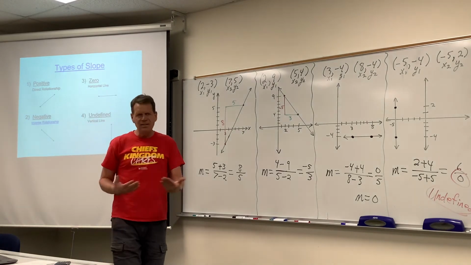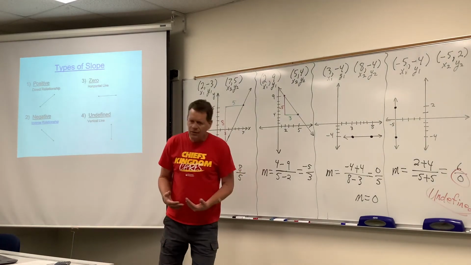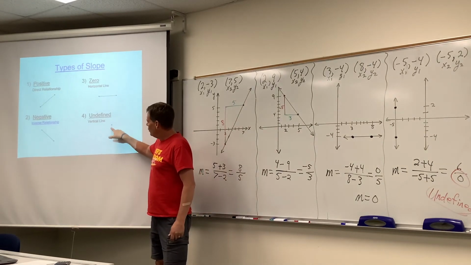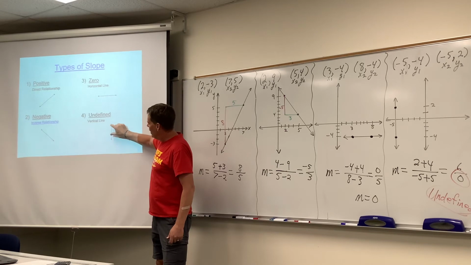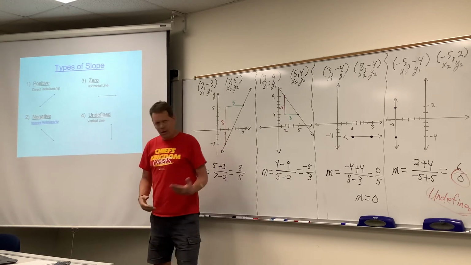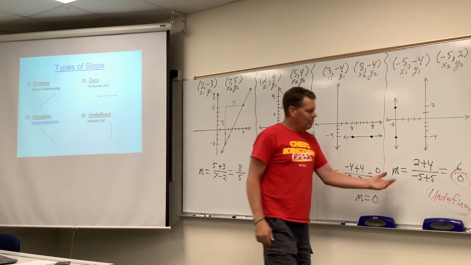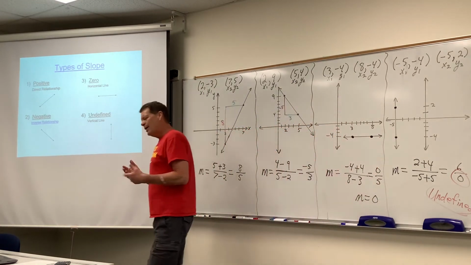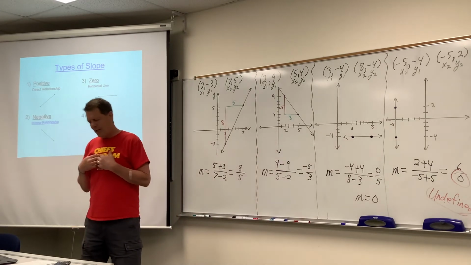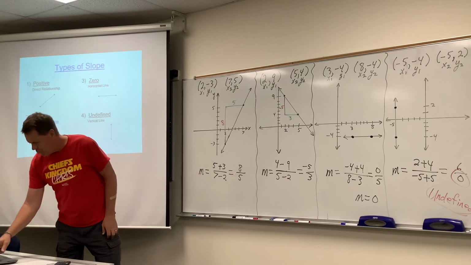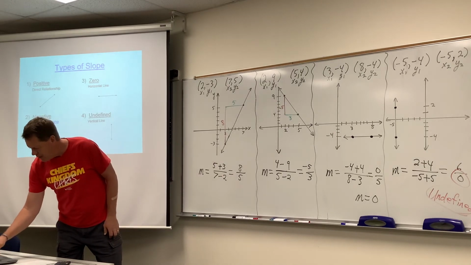I hope that stands to reason to you that would always be the case, because on any vertical line, when you move from one point to another, you'd have some vertical change, but you wouldn't have any horizontal. And so you're going to be dividing by 0, and that would be undefined every time, wouldn't it? You can memorize that if you want. I would hope not. I would hope what I just did helped you understand that. So those are the 4 types of slope and their different interpretations.